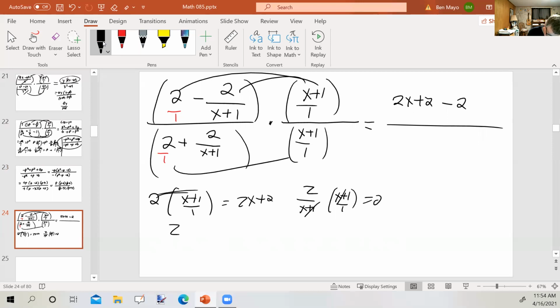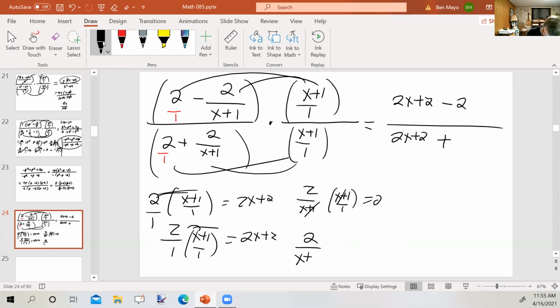In the denominator, 2 times x plus 1 over 1 would be 2x plus 2, distributing. Okay, and then plus 2 over x plus 1 times x plus 1 over 1, which is 2. So in the numerator, the 2s would cross out and I'd have 2x. In the denominator, the 2 plus 2 would be 4.